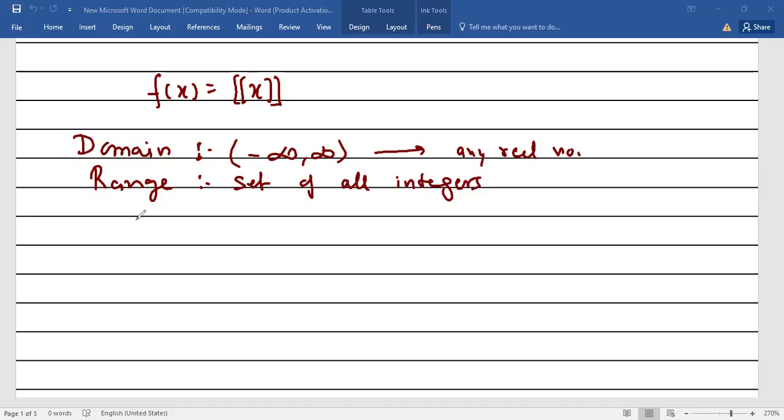Then tell me the intercepts. What do you think the intercepts are? And interestingly, you can draw this graph on your GDC, your calculator, the graphic display calculator. You can try.